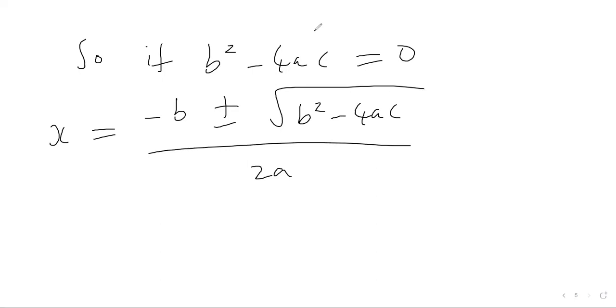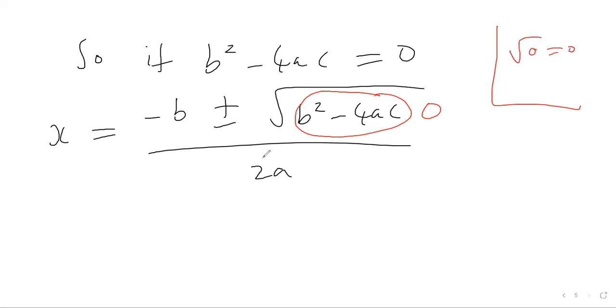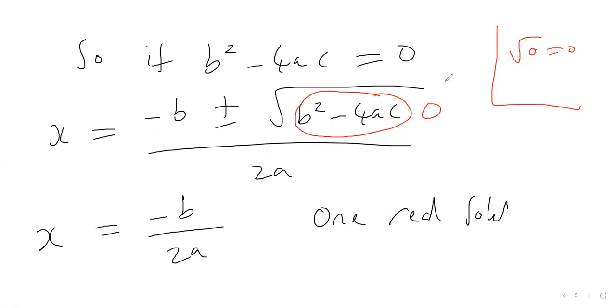But if that number is 0, then the square root of 0 is just 0. So we get a solution minus b plus or minus 0, which is just minus b divided by 2a. Therefore we get one real solution. So we get one real solution when the discriminant is equal to 0.